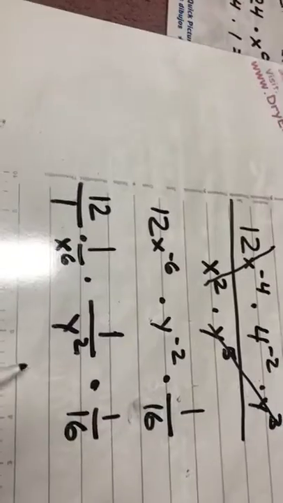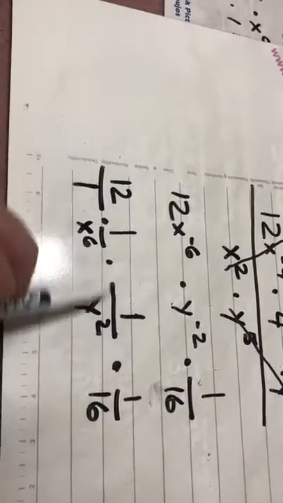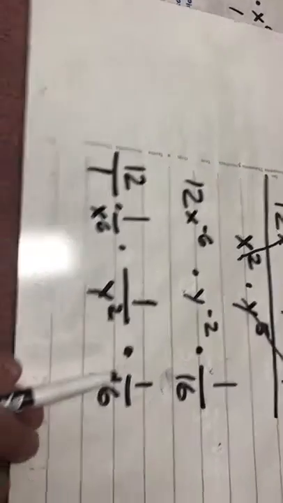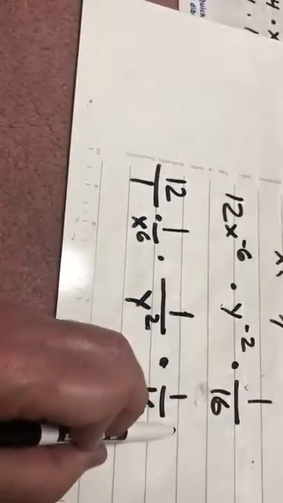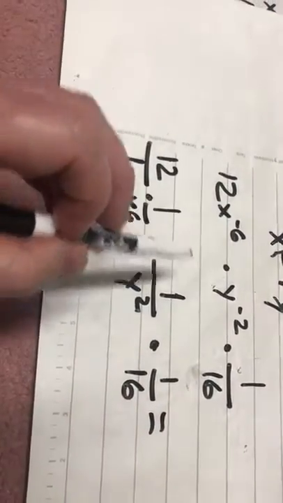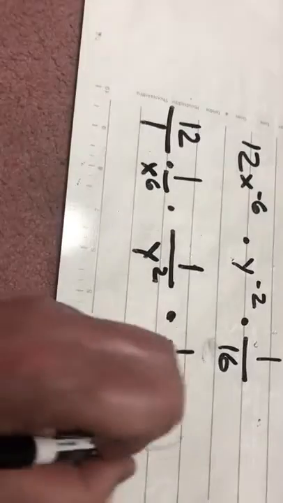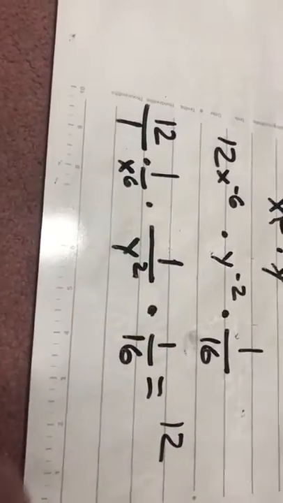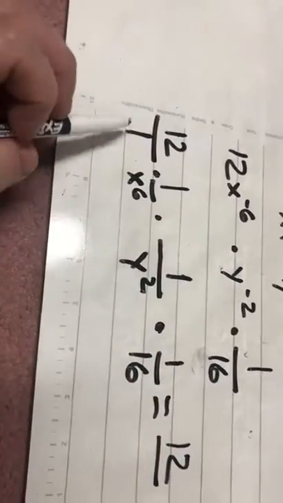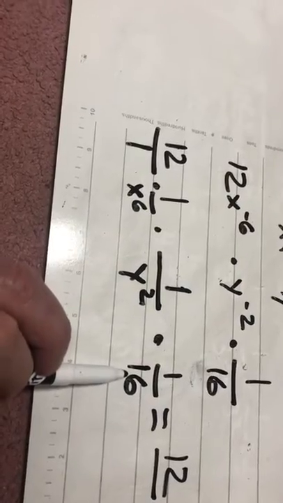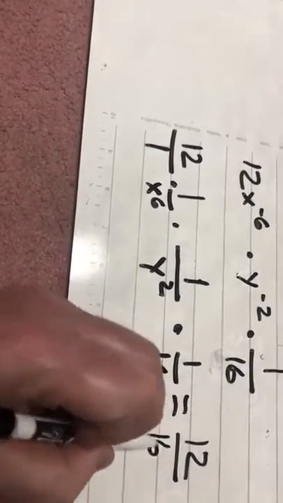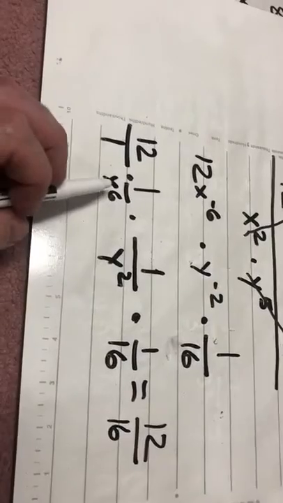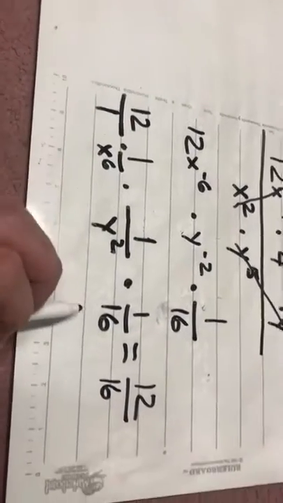And now I've got all kinds of stuff going on here. I've got a long multiplication problem here. Well, let's just simplify that. 12 times 1 times 1 times 1 equals 12. That's not hard. I know that 1 times 16 is 16, so I can just put 16. And then I have x to the power of 6, y to the power of 2.